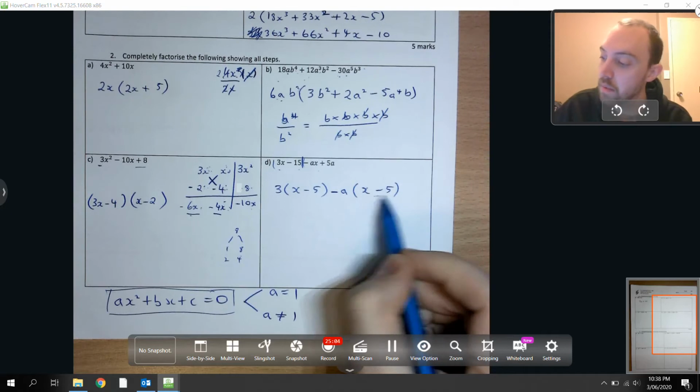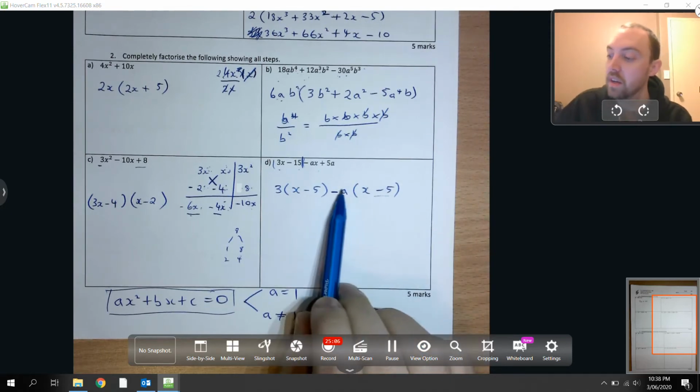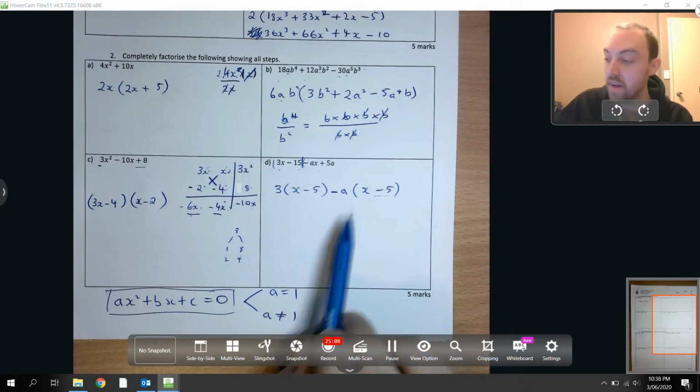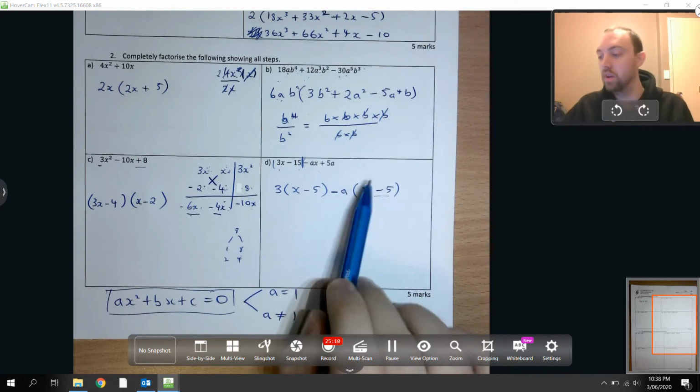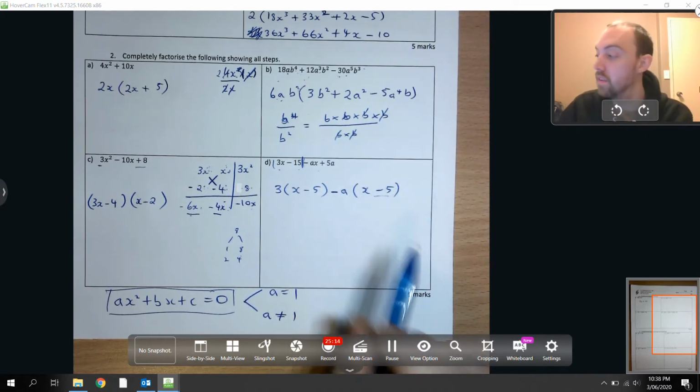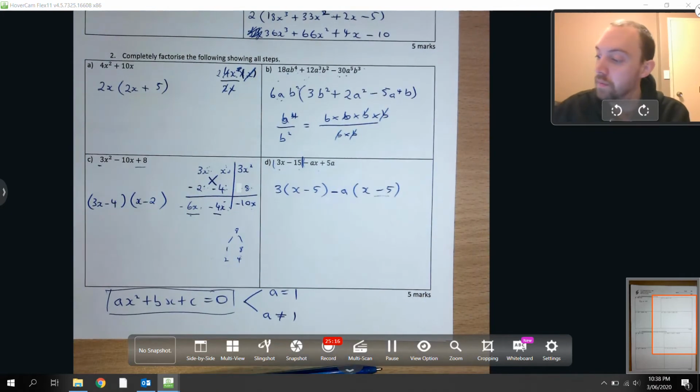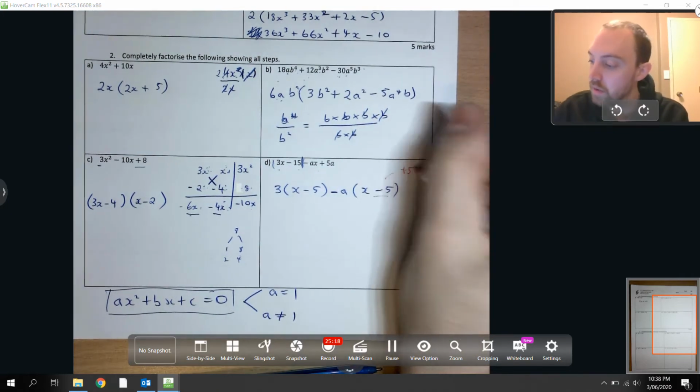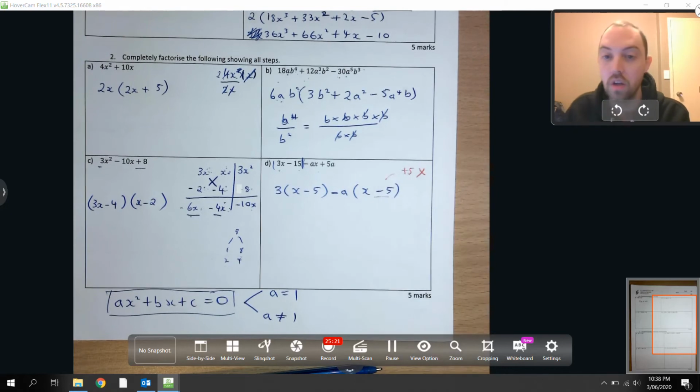And that's where people are going to make their mistakes. That negative could be there, but they haven't applied that or factorized that out properly from the positive 5. And so a lot of people write that as positive 5, and that's not going to get you to where you need to go.